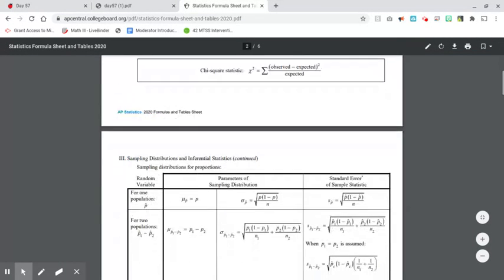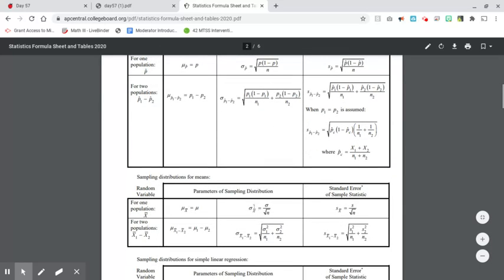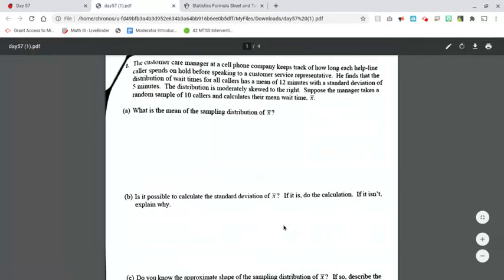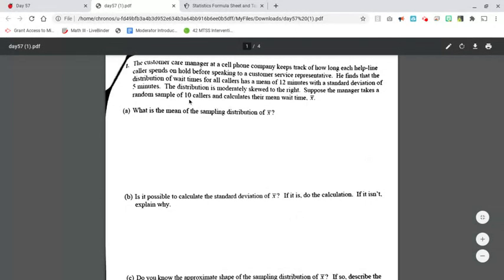If we were able to, the formula sheet for sampling distributions says it is sigma, the standard deviation of the population, over the square root of n. So it would be 5 over the square root of 10. But since it is skewed to the right and we have such a small sample, it's not possible to calculate.